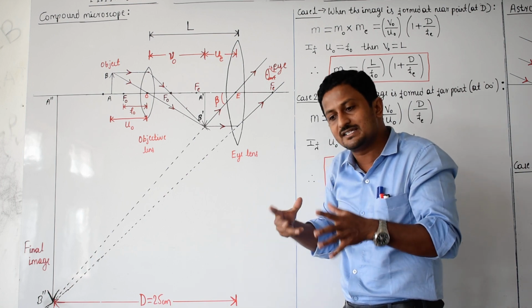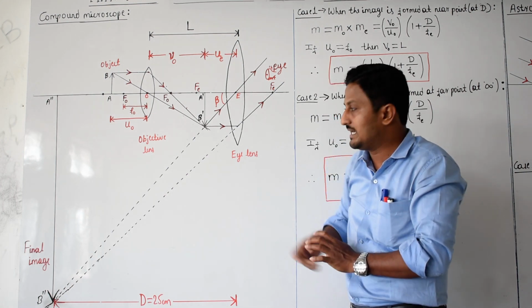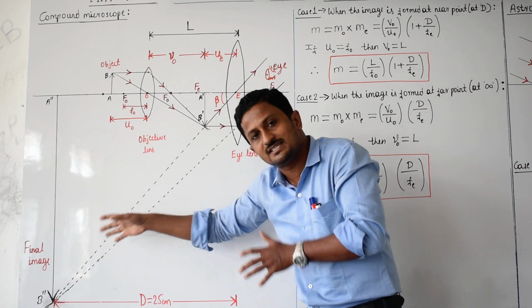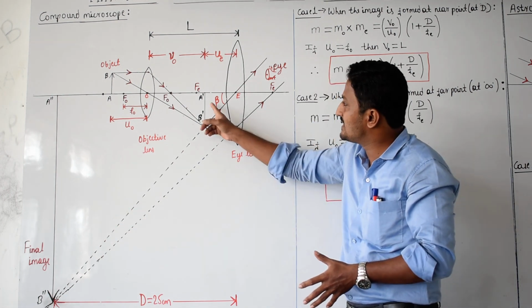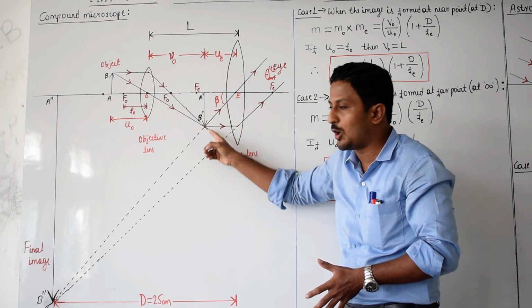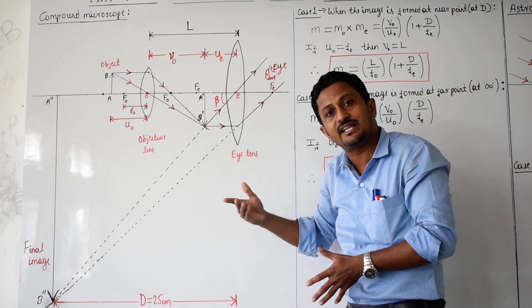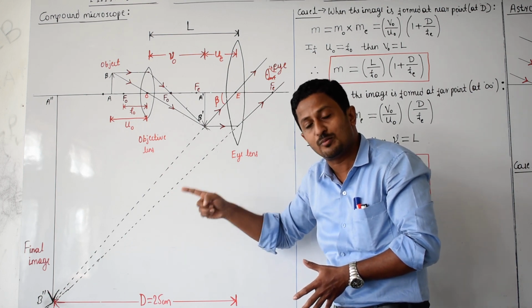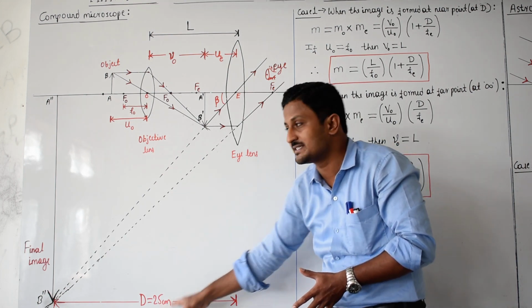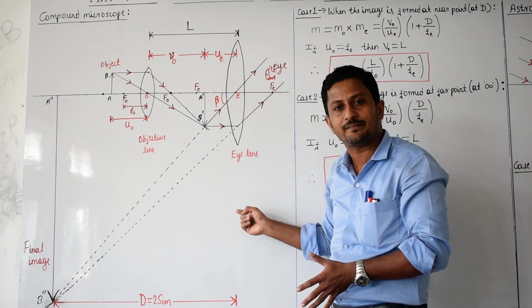Here one adjustment we are doing. For the final image which we are going to get in this compound microscope, we adjust the position of that object in such a way that its virtual image is formed at 25 cm from our eye.